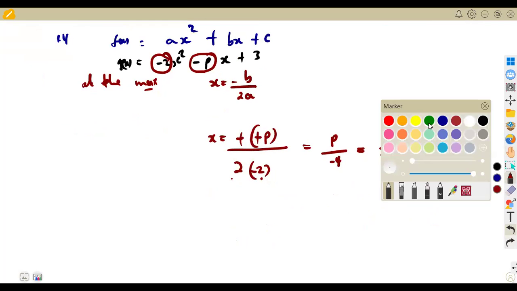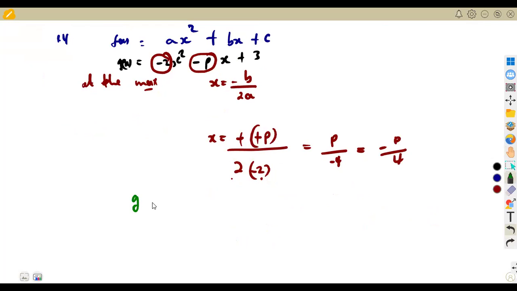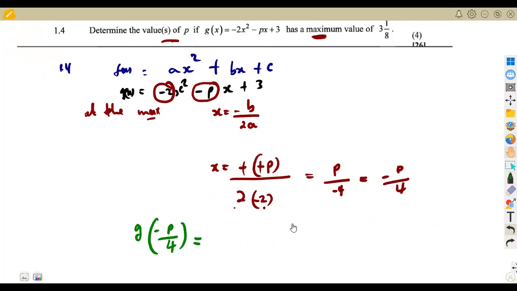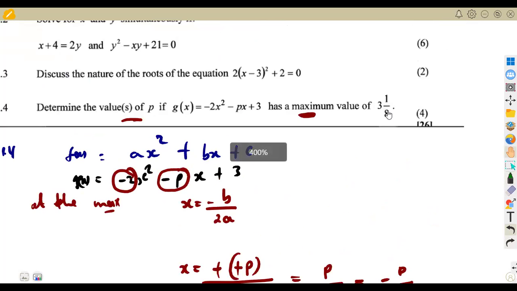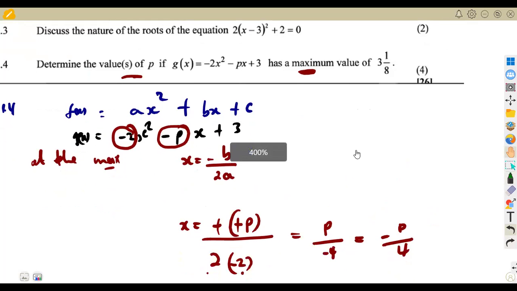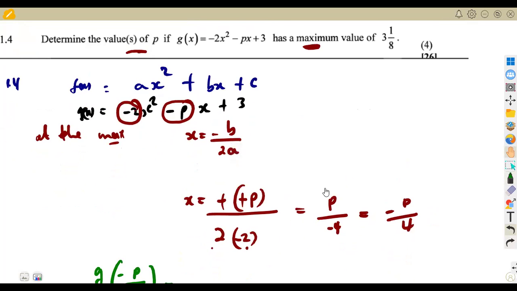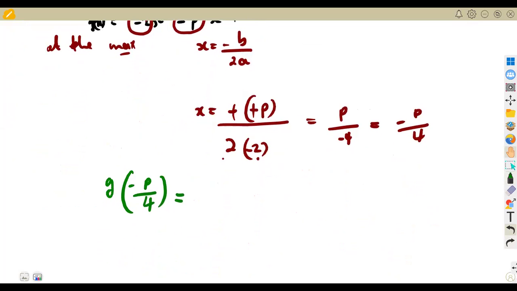So what does it mean? It means g of minus p over 4, where x is minus p over 4, we must get the answer, which is the one that we are given as our maximum value, 3 and 1 over 8. All right. So this is going to be written as what?